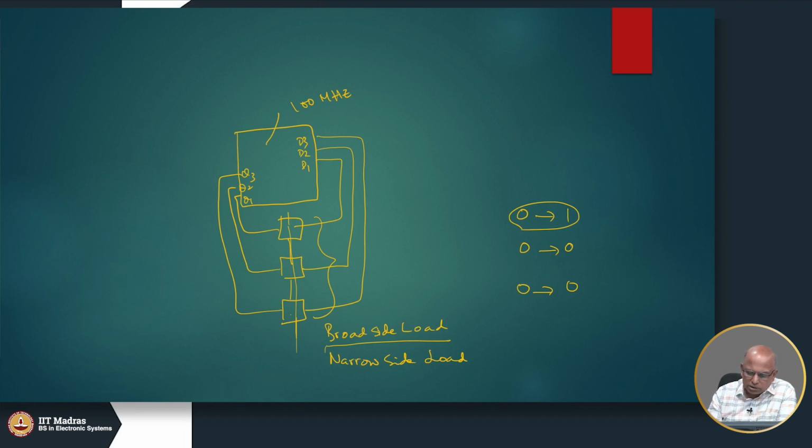But what could happen is the test vector generation tool may generate 000 as a test vector, and that may result in the value being captured being 1, 1, 1 or something like that. Then when I start shifting the response, all the values will change from 0 to 1. This 1 will shift here. So all these guys are changing, every bit is changing.